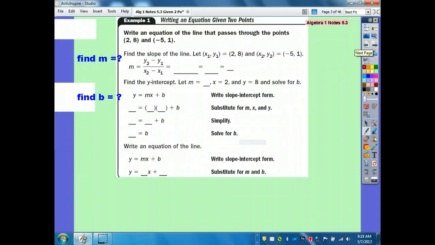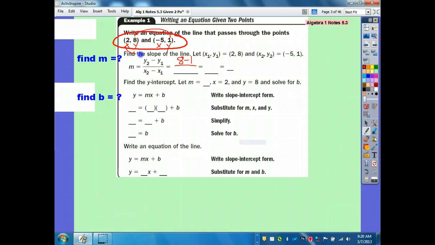Write an equation of the line that passes through the points 2 and 8 and negative 5 and 1. So first thing we need to do is find that slope, because they don't tell me m equals. All right, so my slope. Well, let's do the y's on the top first. So x, y, x, y. You want to go 8 minus 1 or 1 minus 8? Okay, from right to left. So 8 minus 1 on the top, because my y's are on the top.